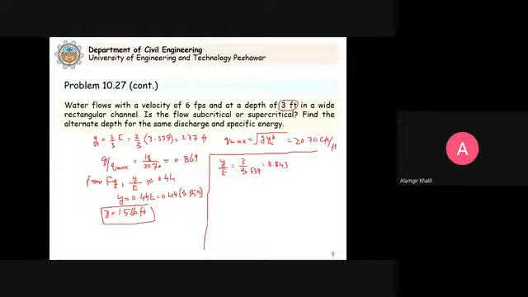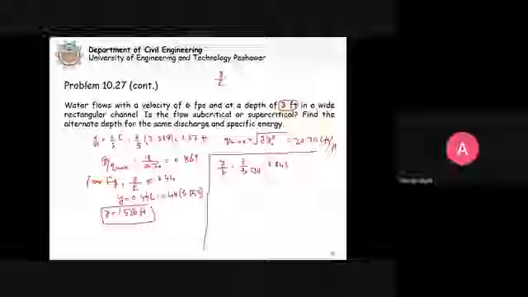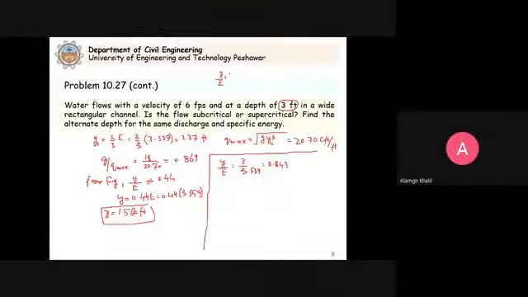Now this 0.843, you see that for critical condition, what was the situation? For the critical condition, this y by e ratio is equal to 2 by 3. Means that this is equal to 0.666 something.